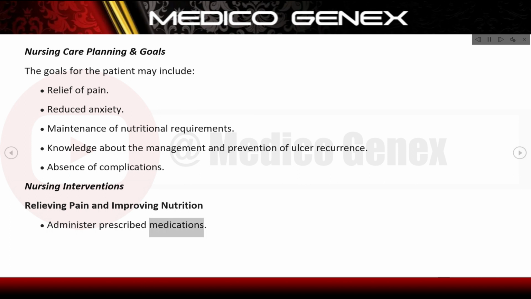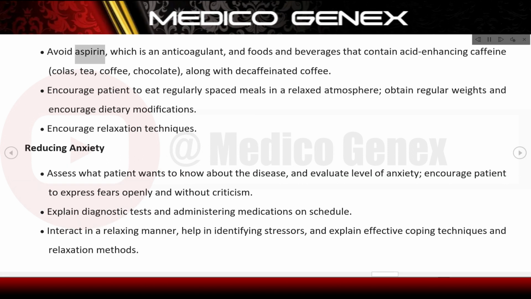Administer prescribed medications. Avoid aspirin, which is an anticoagulant, and foods and beverages that contain acid-enhancing caffeine: colas, tea, coffee, chocolate, along with decaffeinated coffee. Encourage patient to eat regularly spaced meals in a relaxed atmosphere, obtain regular weights and encourage dietary modifications.